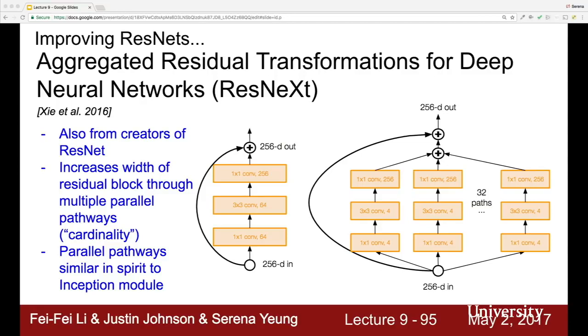So it's basically taking this one ResNet block with bottlenecks and having it be relatively thinner, but having multiple of these done in parallel. You can see that this has some relation to the idea of wide networks, as well as some connection to the inception module, where we had layers operating in parallel. So now ResNext has some flavor of that as well.